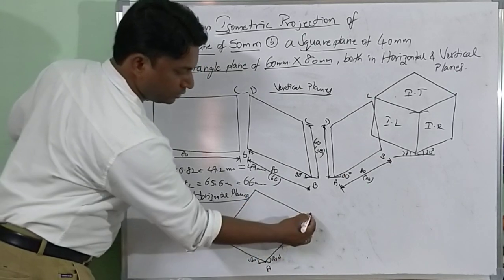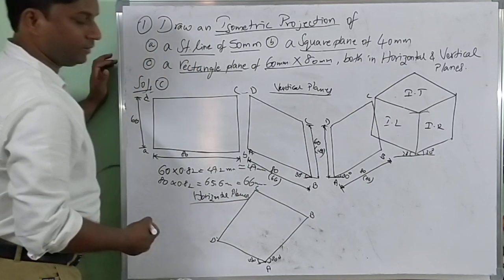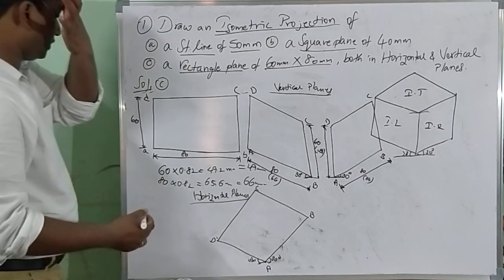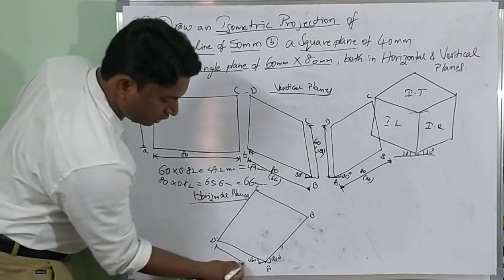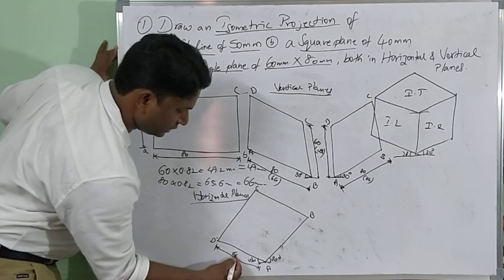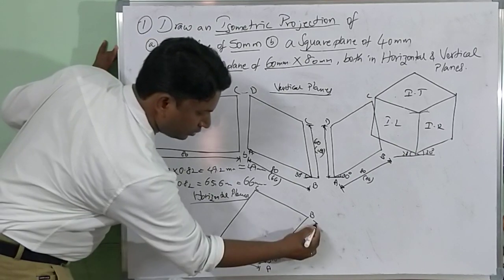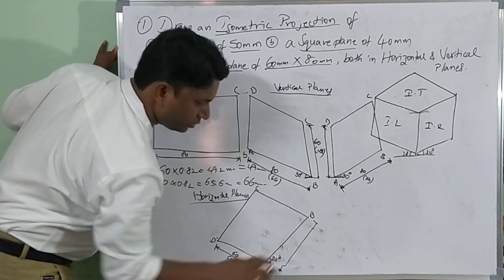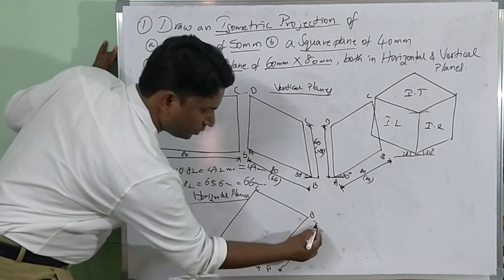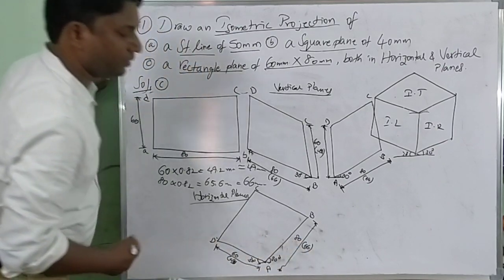A we started, B, C, D. Right? Now think dimension, you are supposed to show both. Here on the left side, actually it is 60, but we have drawn 49. Now here, it is 80, but we have drawn 66.